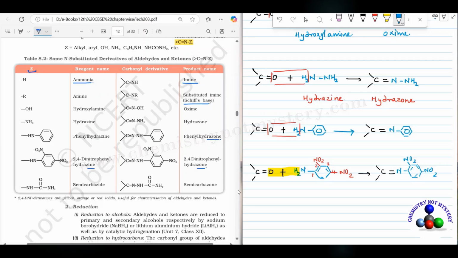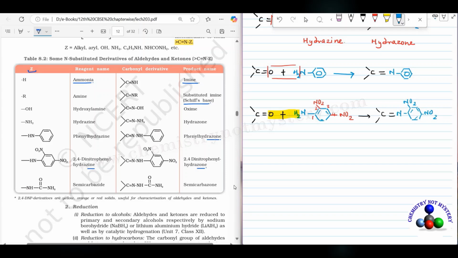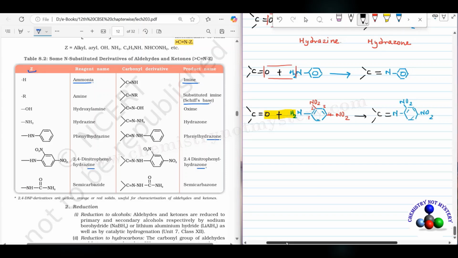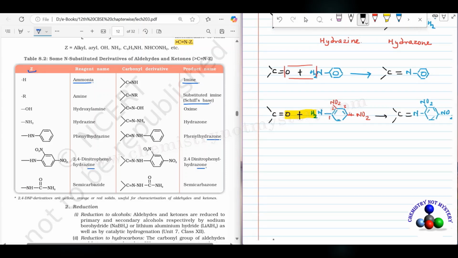The last one is the semicarbazide. Amide bonded to NH is called semicarbazide. Now draw the structure. This is carbonyl carbon, and again draw H2N, and here this is the Z group, means this is NH, C double bond O, NH2.